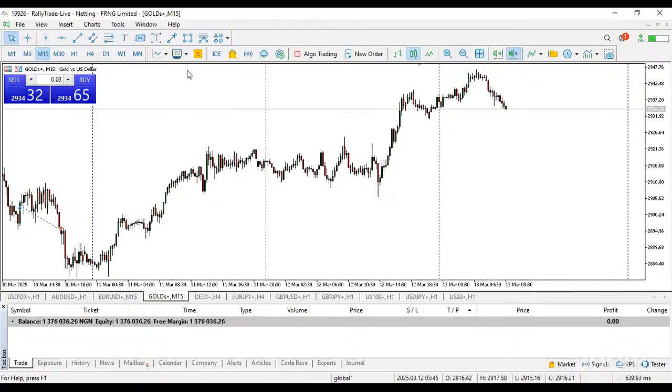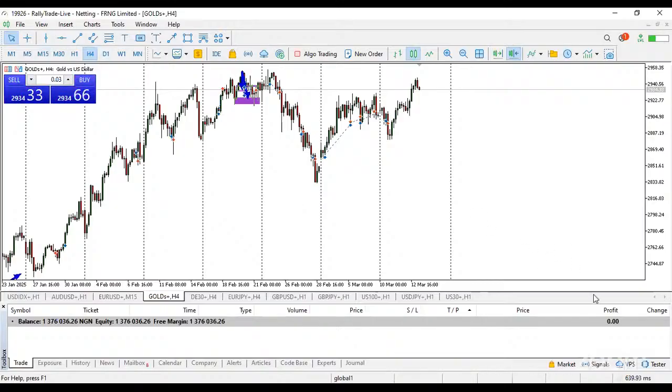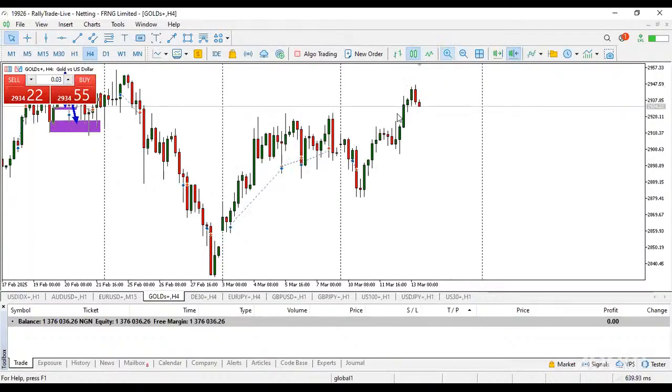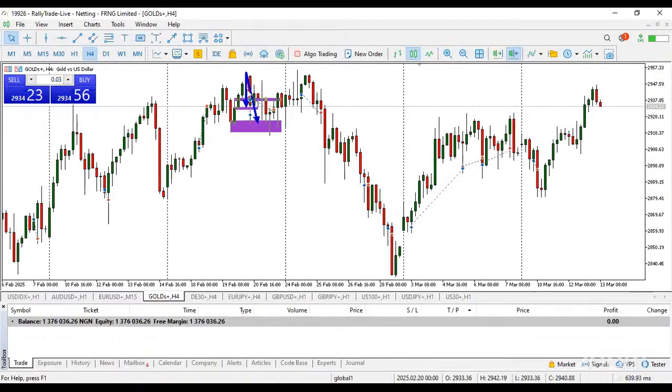So since gold is going towards 3,000, gold would not like to show you all of the cards that it needs to get there, okay? Let's look carefully at this gold again.